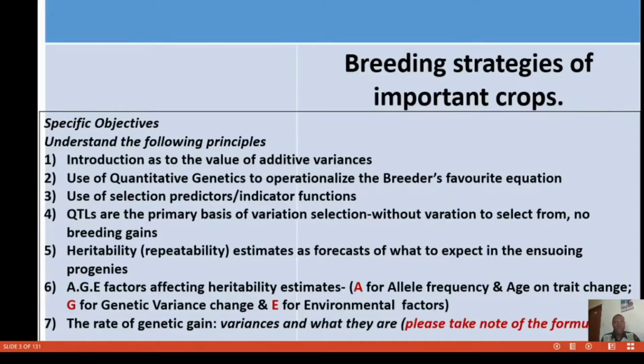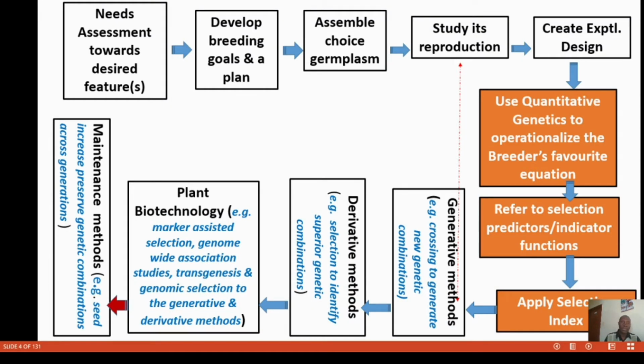And at the moment, we are looking at a number of issues that are connected with this enhanced diagram of what we are dealing with. We have the colored parts, and these colored parts concern the use of quantitative genetics, and then, of course, the selection predictors, and then the application of the selection index.